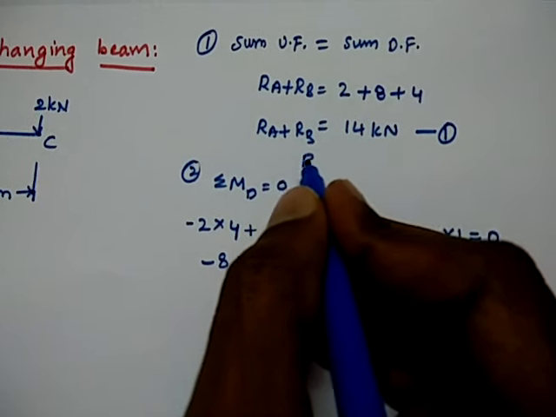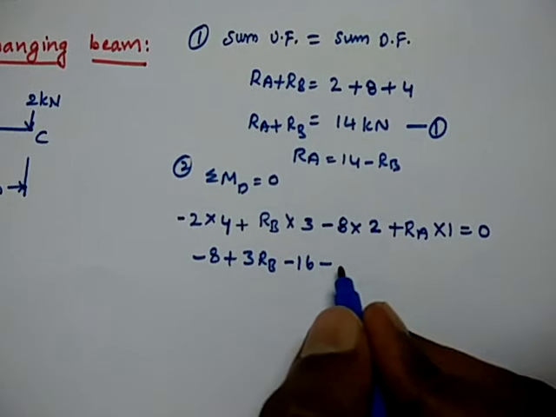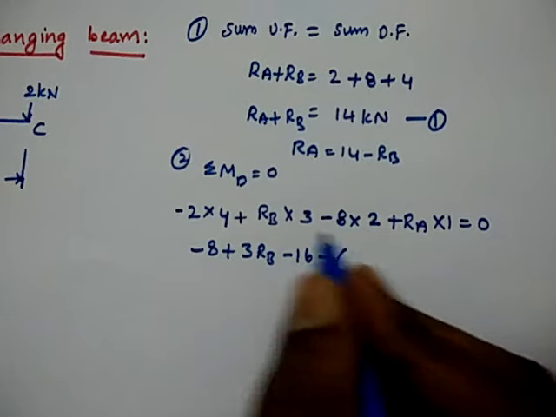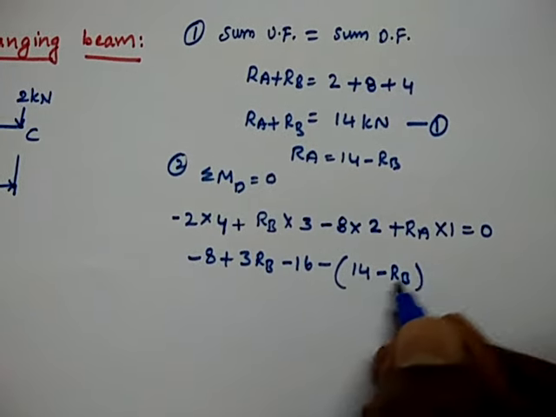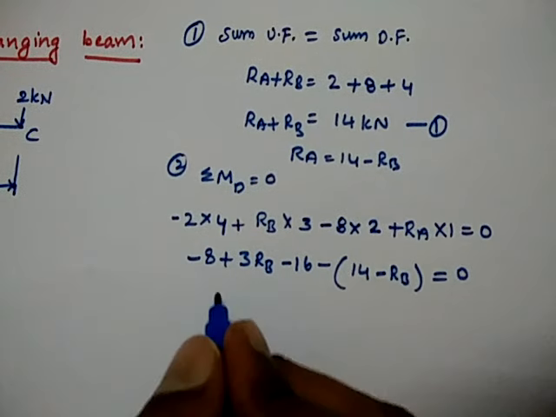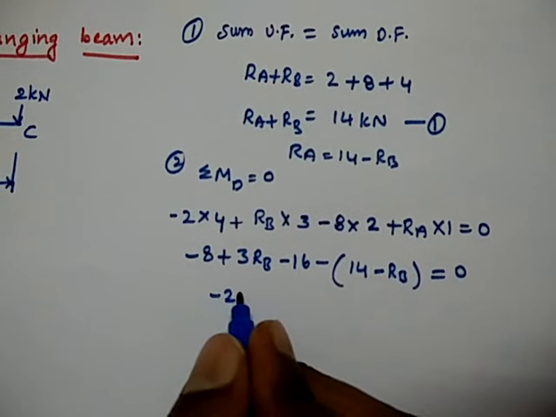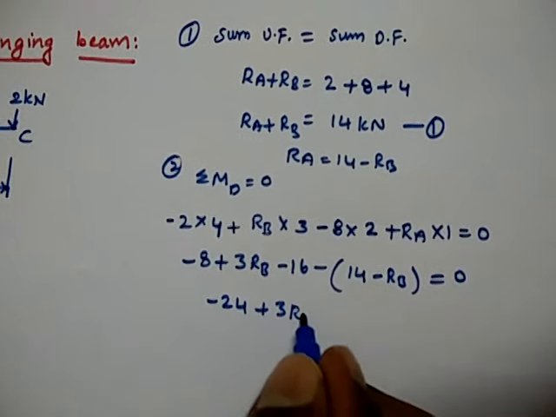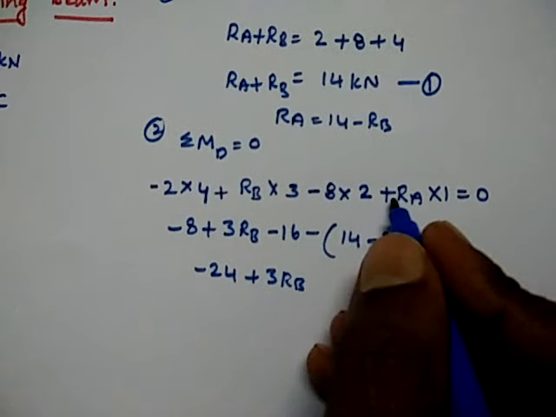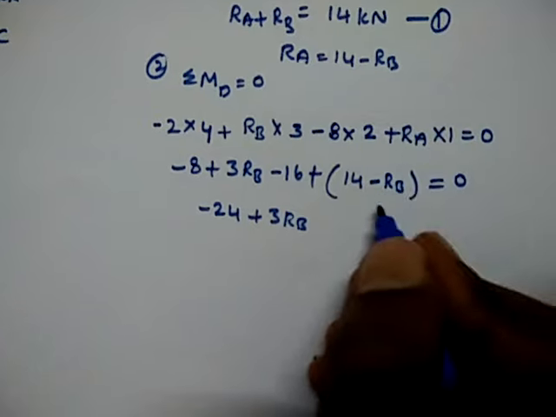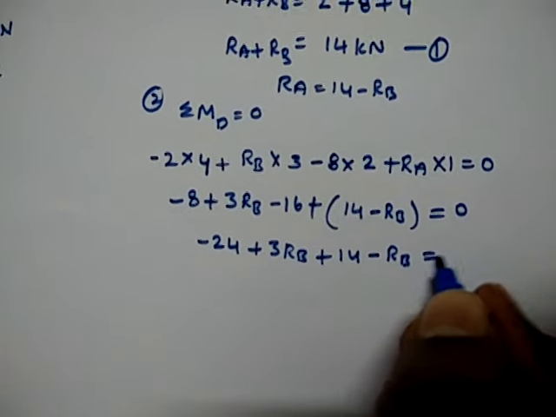If you have two unknowns, you cannot solve this equation. So we replace RA with 14 minus RB from equation number 1. In the place of RA we write 14 minus RB, into 1, equals 0. Here it is minus 8 minus 16, which is minus 24, plus 3 times RB, plus 14 minus RB, equals 0.